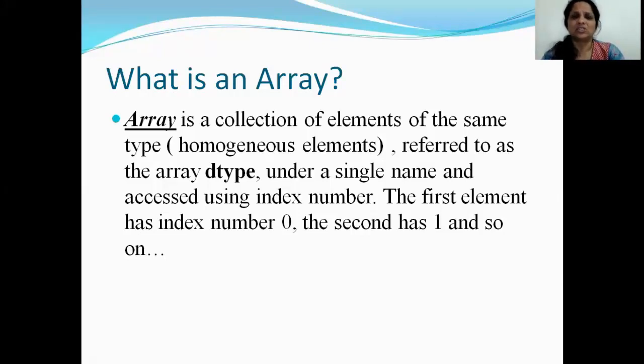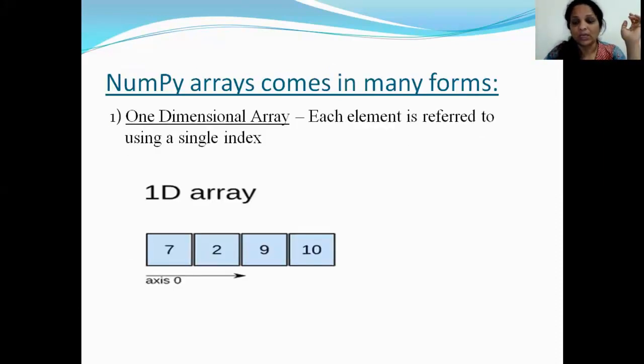And like the string or the list or the tuple, the indexing starts from 0. Now, many people say, oh, that is the same thing a list does. So there is some kind of similarity between a list and an array, but there are differences as well. I will tell you about that a little later.